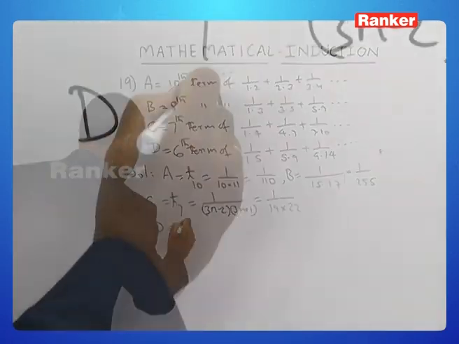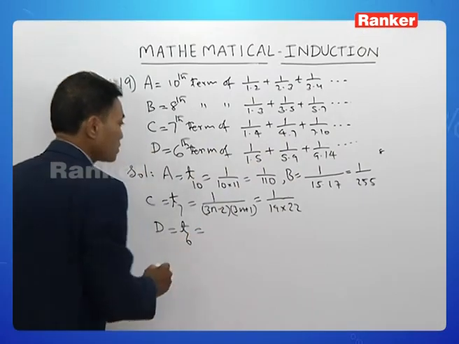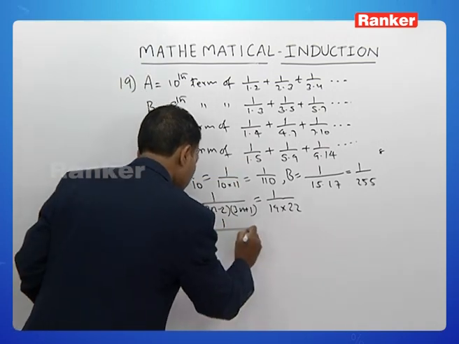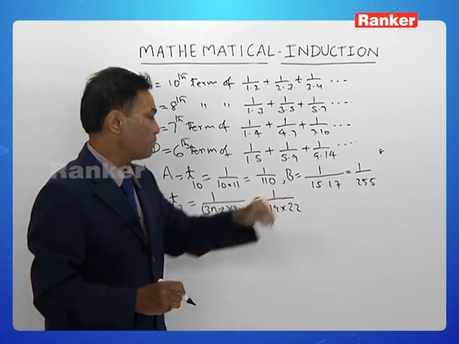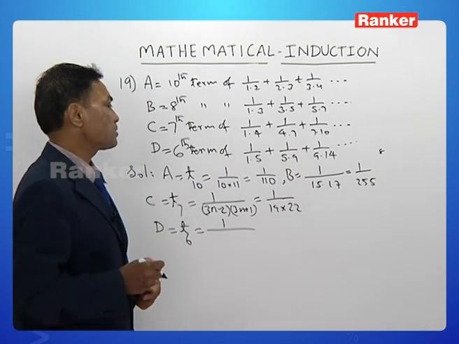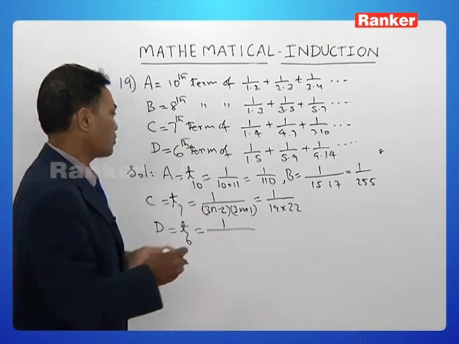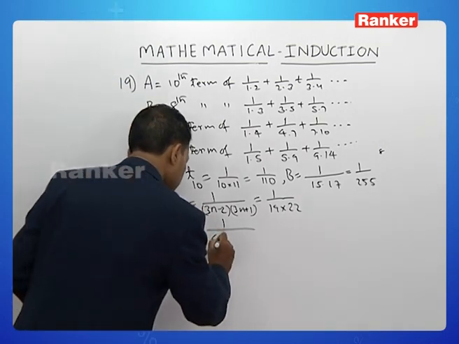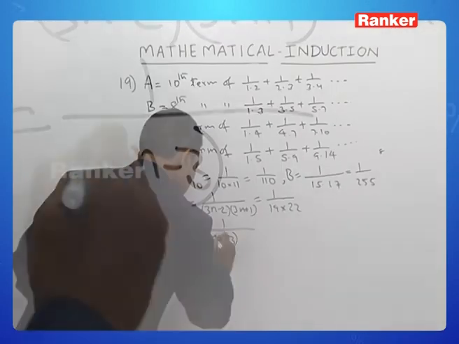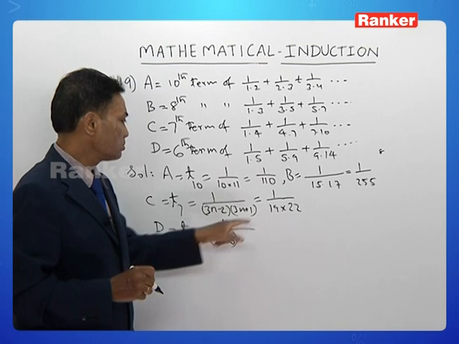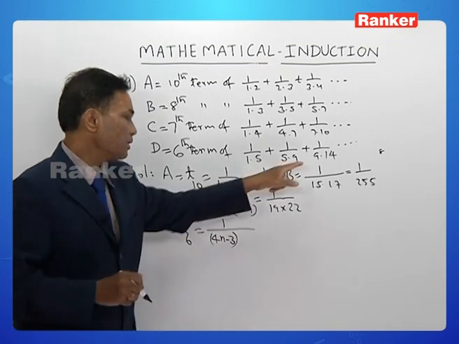Finally D, the 6th term of this one. Again 1 by 1 into 5. So a plus n minus 1 into d: 1 plus n minus 1 into 4. So 4n minus 3. Put n is equal to 1 here, 1. n is equal to 2, 5. n is equal to 3, 9.